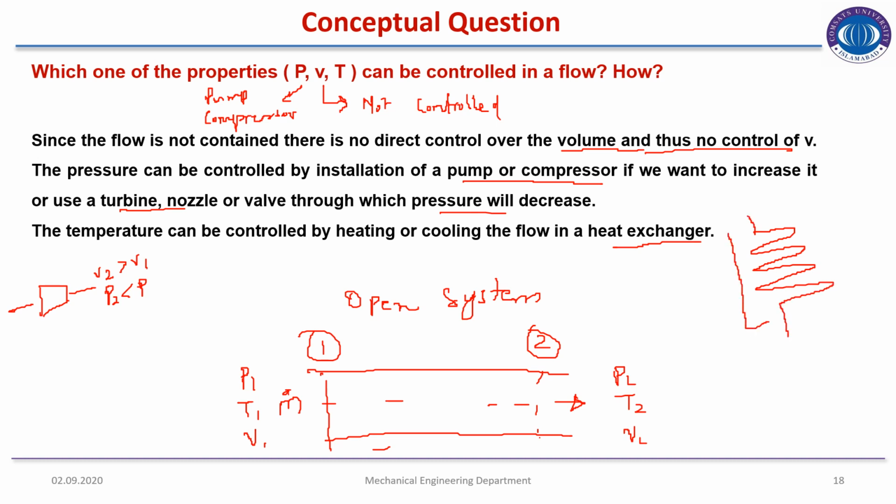There is a shell, one fluid is moving in the shell and the other fluid is moving in the pipes or tubes, that is known as tube bundle. So if we want to increase or decrease the temperature, we will use heat exchanger.